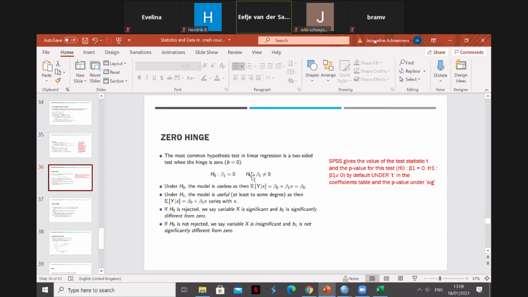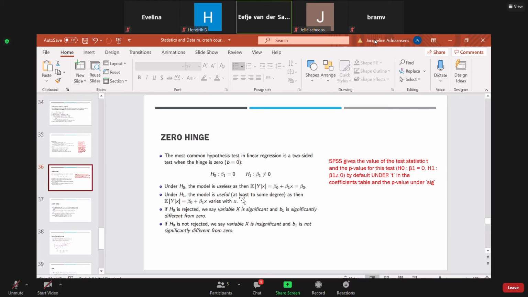Under H1, so when beta 1 is not equal to 0, then the model is useful, at least to some degree, because then the expected value of y given x is beta 0 plus beta 1 times x, and beta 1 is not 0 in this case. So if x changes, y will also change, and then it's useful. So if H0 is rejected, we tentatively accept H1, then we say that variable x is significant and b1 is significantly different from 0, which means that it has an influence on y.